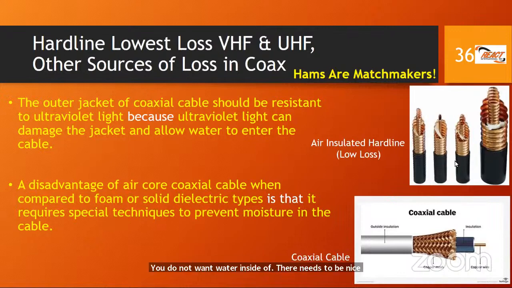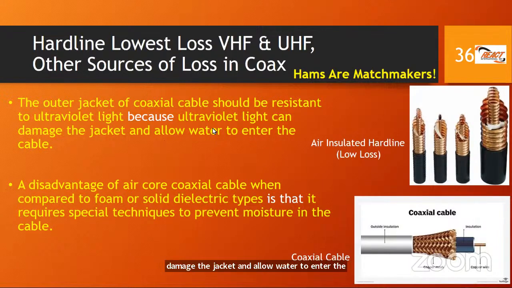But if you do not use cable that is resistant to UV light, or ultraviolet light from the sun, those sun rays, then all of this outer insulation will dry rot, crack up, and allow water, when rain falls or condensation occurs, to get inside of there. So that's the first bullet point, that the outer jacket of coaxial cable should be resistant to ultraviolet or UV light, because ultraviolet light can damage the jacket and allow water to enter the cable, which is what we just said.